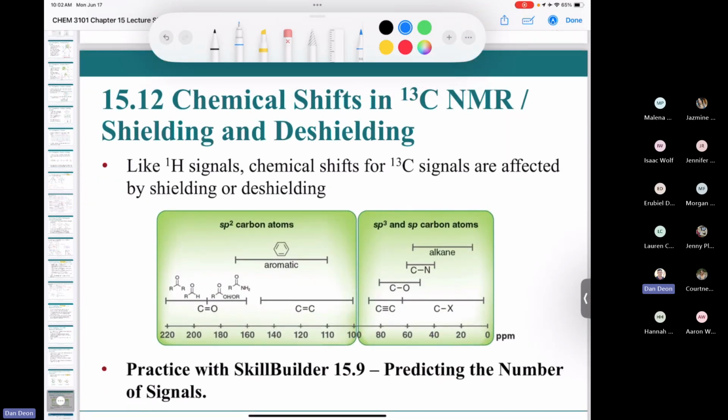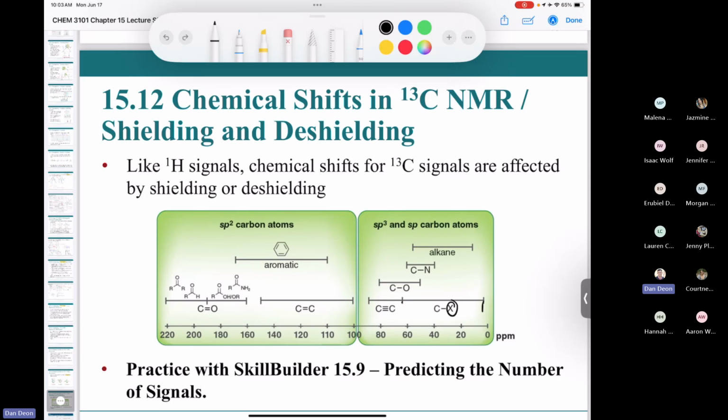Now, the table that I'm going to give you for the quiz is not nearly as busy as this one. It doesn't have nearly the amount of information. But this is the idea of where chemical shifts are for carbon. Alkanes have the lowest chemical shifts, from 0 to 50, or maybe a little bit above 0. Carbons bound to a halogen can go anywhere from 0 to a little above 60.